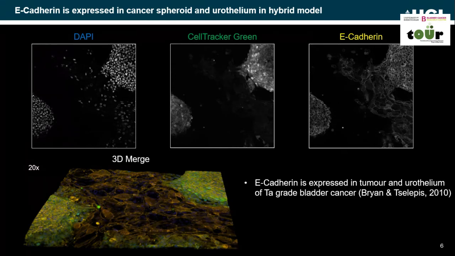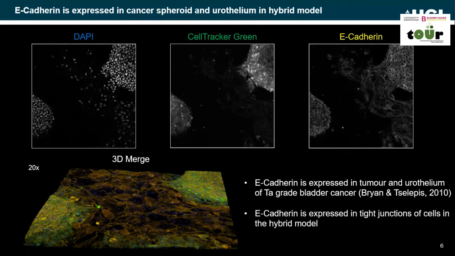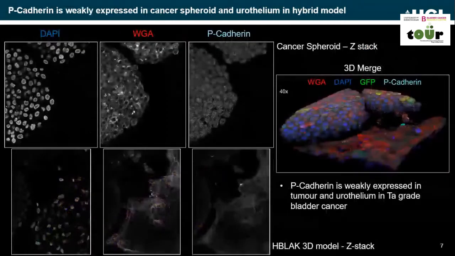Over here, we have the cancer spheroid, and also the differentiated urothelial layer, which all do express E-cadherin at the tight junctions of the tumor and the urothelium. This is quite nice to see. So it's expressed in tight junctions of cells of the hybrid model.